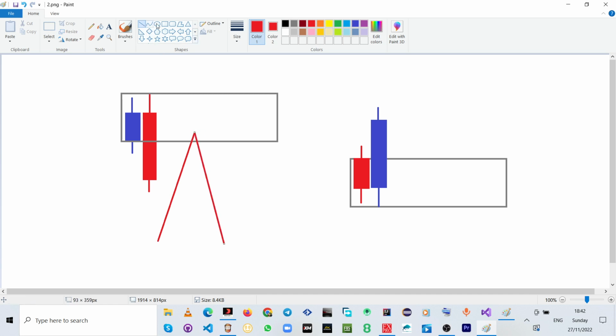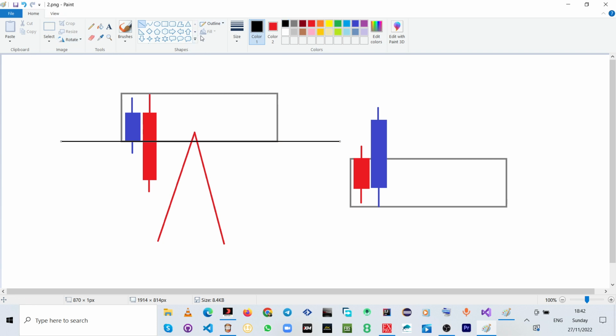So your trades will be right, your limit orders will be right here, right at the edge of your zone. This is where your limit orders will be set, and I hope you see it clearly.